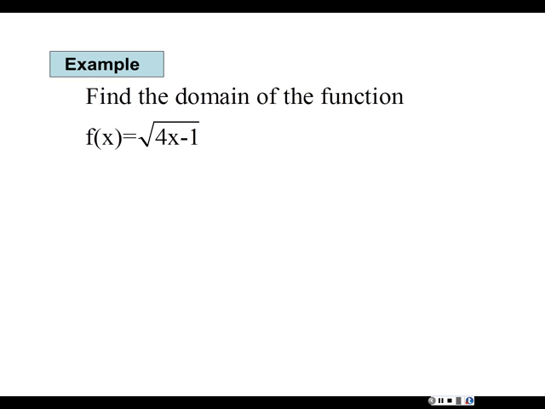Because we can tolerate 0 as well, since the square root of 0 is 0. So if you have x equals 1 over 4, it will be 0, which is fine. We cannot tolerate negative numbers, but we can have 0. It's fine. Any question?